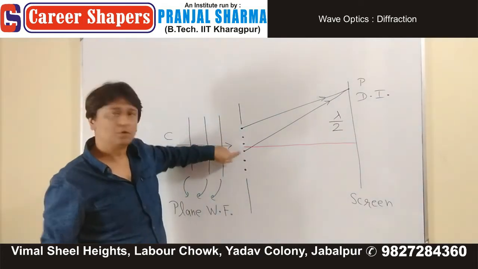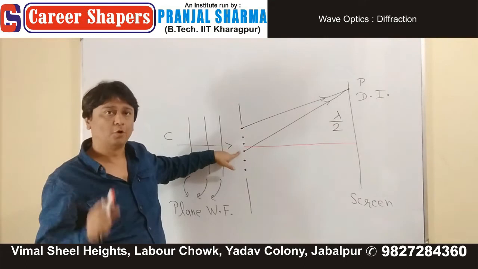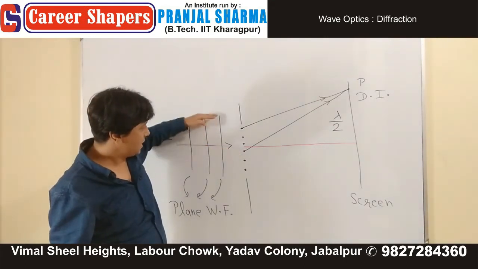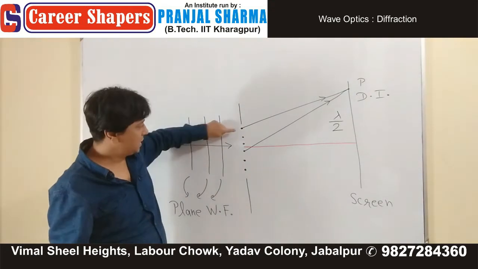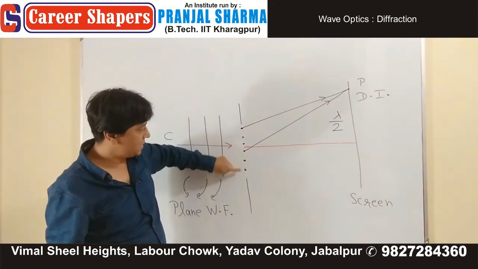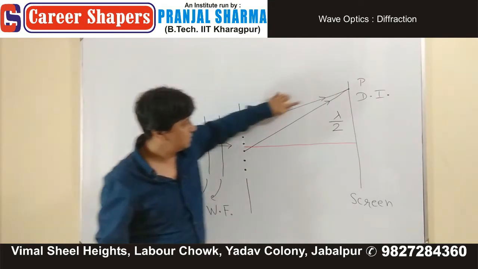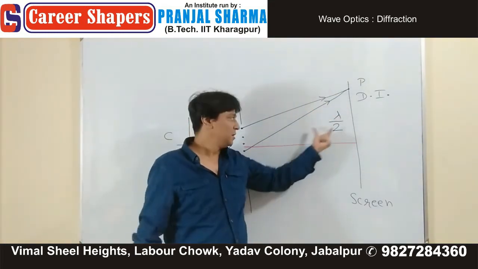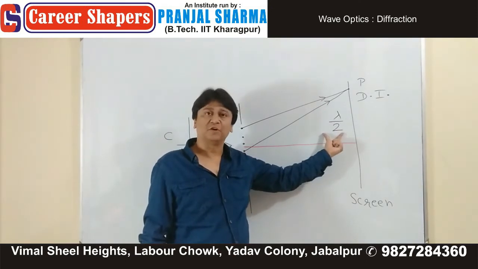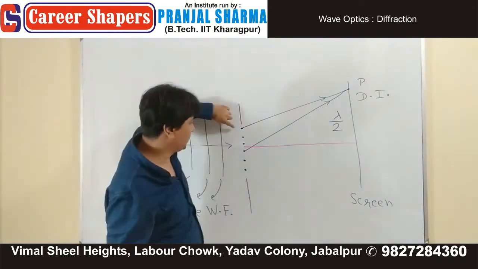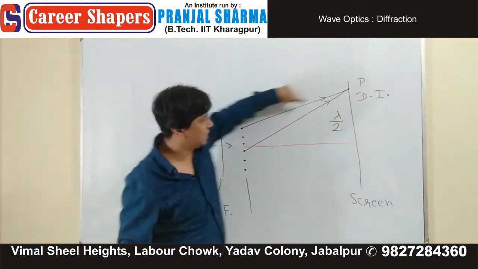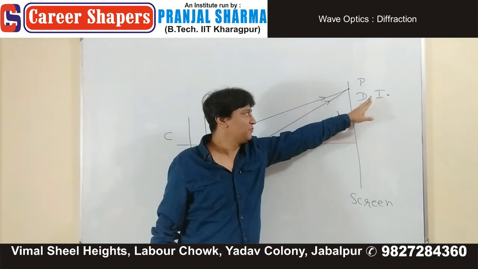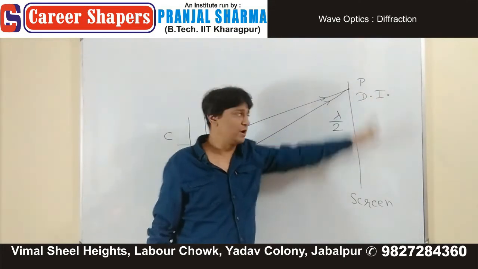These are coherent sources, coherent secondary sources. Everybody is saying A. This A and this A, but have a path difference of lambda by 2 because of these geometrical lengths, and therefore destructive interference takes place over here.